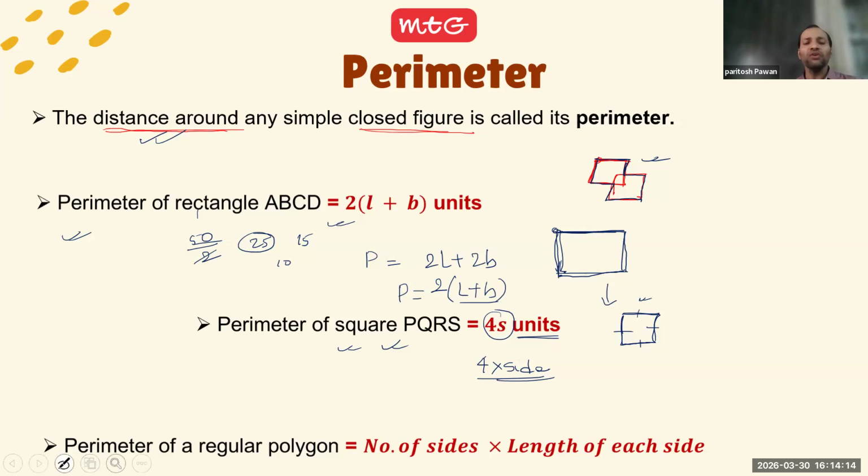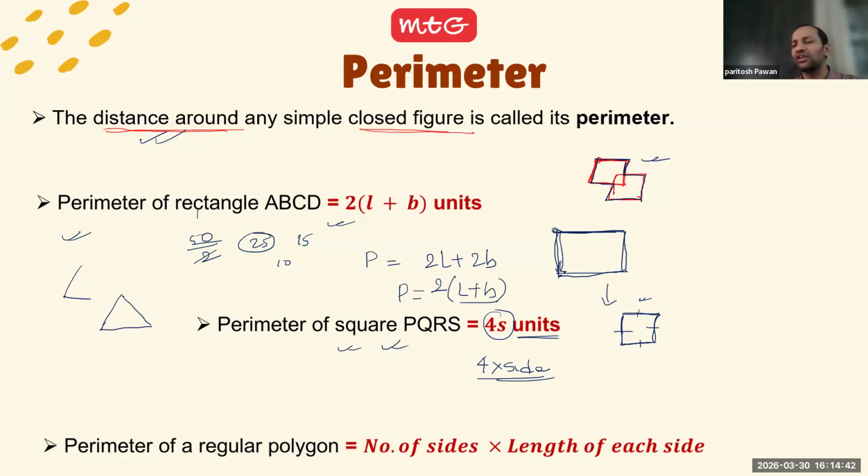Now, the perimeter of a regular polygon. First, what is a polygon? A polygon is a closed figure which is made up of straight lines, like a triangle. A triangle is the polygon which has the least number of sides, because to make a closed figure, a minimum of 3 sides is required.